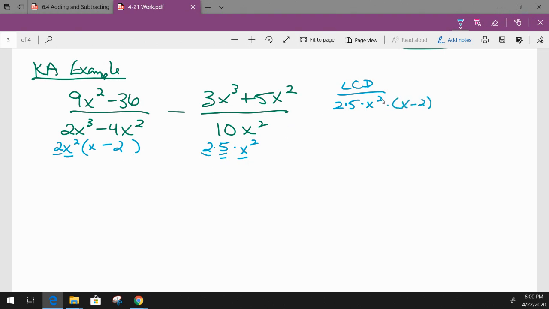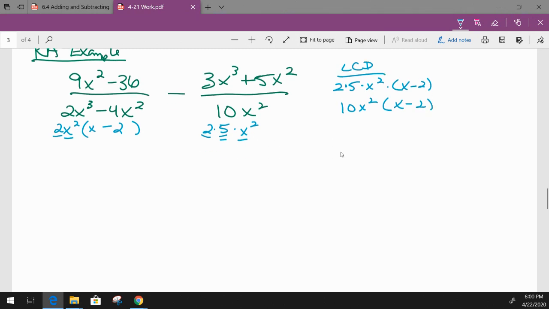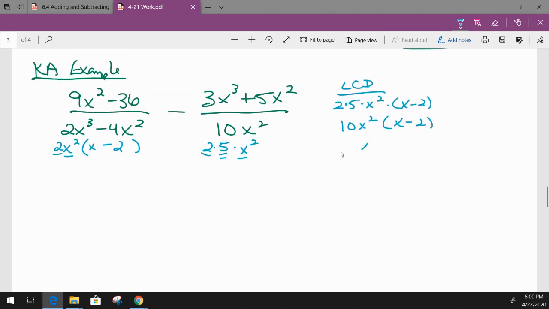So the least common denominator would be 10x squared times x minus 2. So my undefined values, or values that x cannot equal, would be 0 for the 10x squared, and x cannot equal 2 because of the factor of x minus 2.